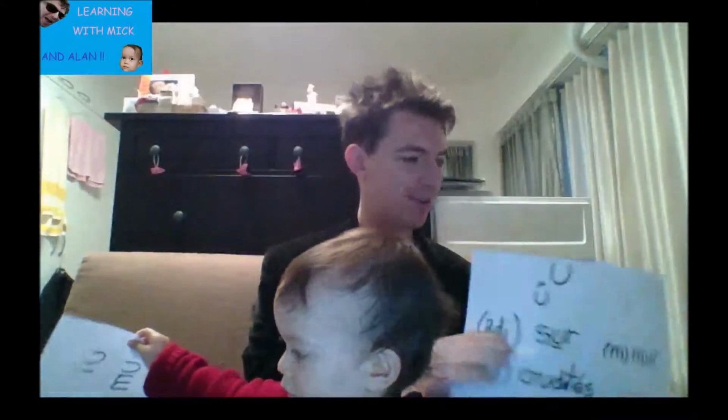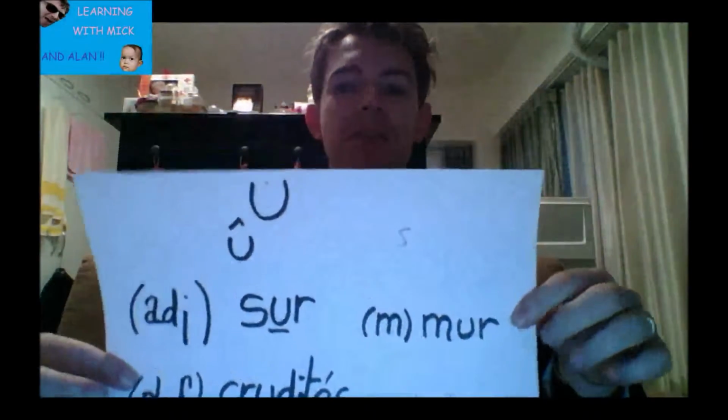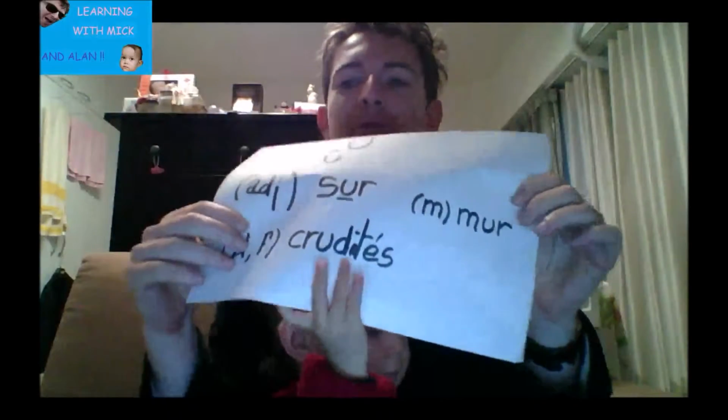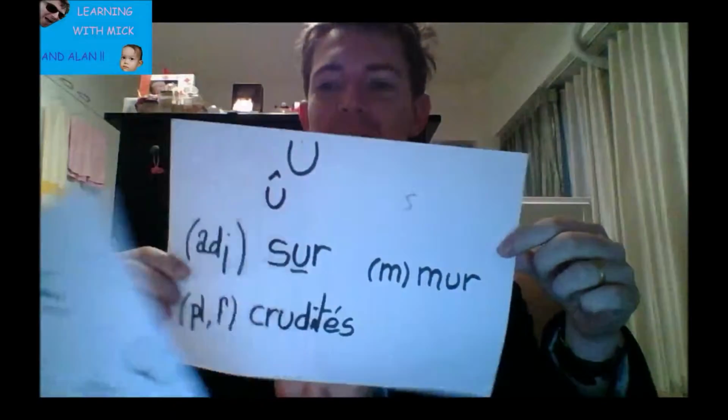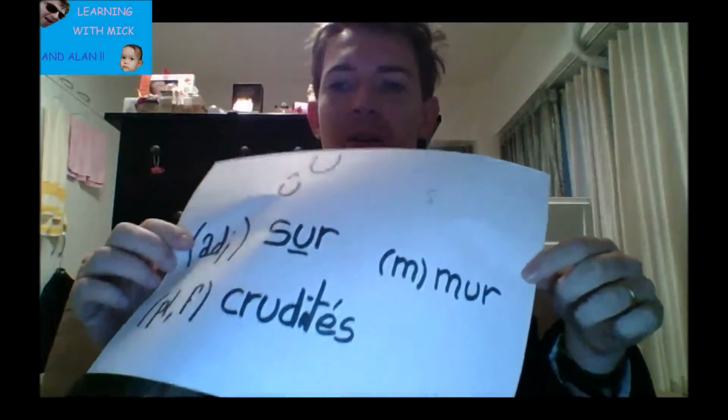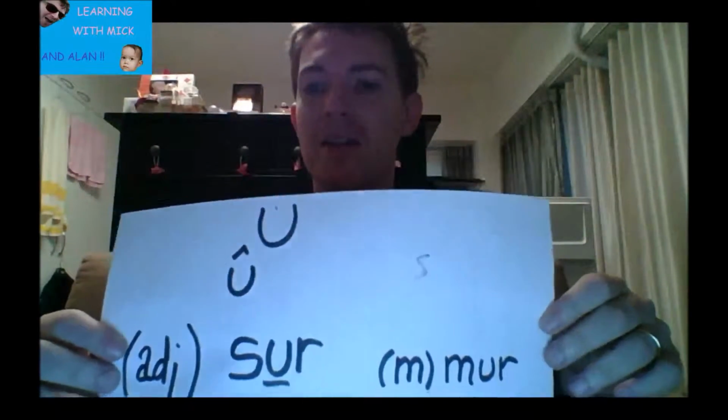Okay, now let's start with u. It's very simple. U is always pronounced the same. Here are a few words for you to practice, such as the preposition sur. The R at the end is pronounced.